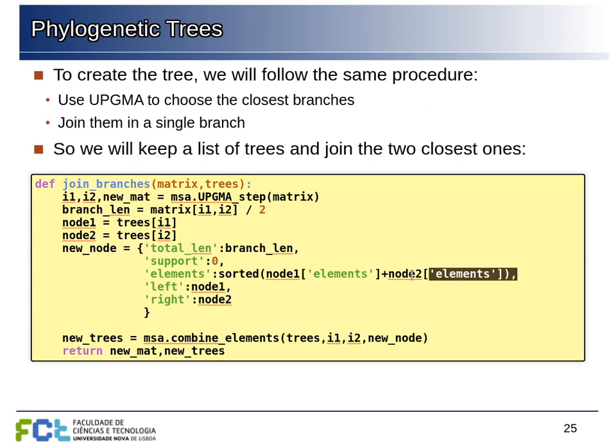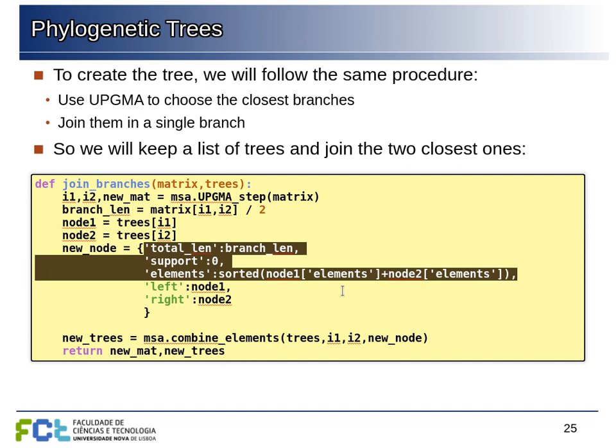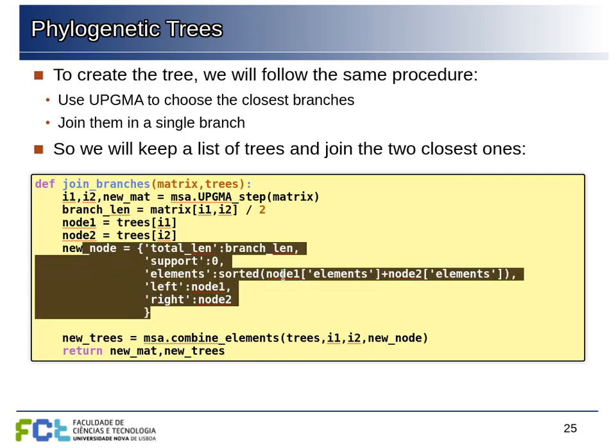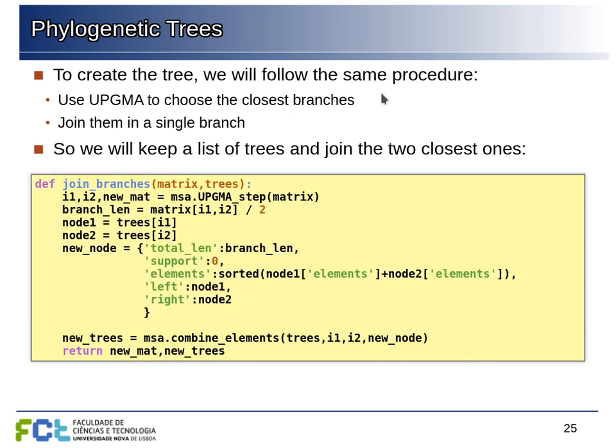And now we're going to fill the rest of the information we need for these nodes. So the total length so far now is the distance between these two in the matrix. This is the total length that we need to go from this particular node all the way to the end. So each dictionary here is representing one branch of the tree.